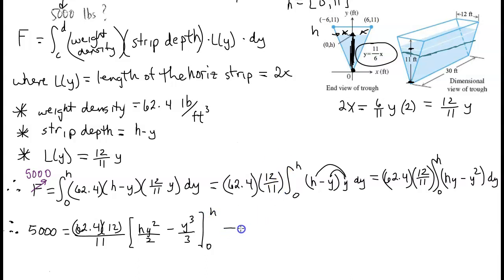All right. And so from here, this basically means we have 5,000 times 11 all over 62.4 times 12. So I'm just dividing both sides by this constant right here.